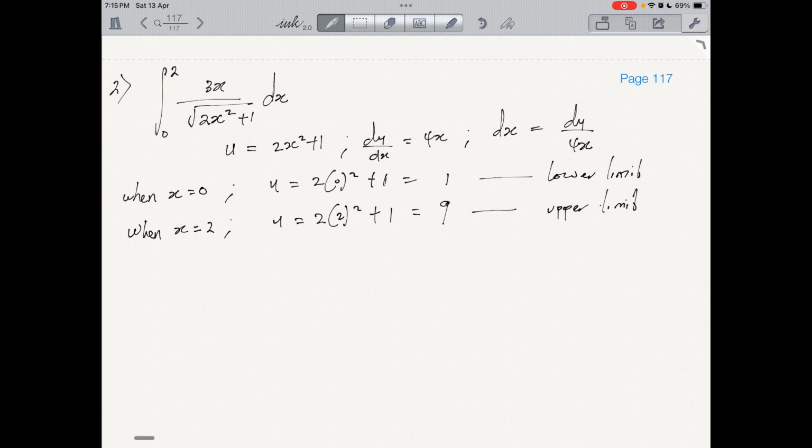Therefore, we can make our substitution of change of variable. That's when x is equal to 0 to x is equal to 2 of 3x divided by square root of 2x squared plus 1 dx.